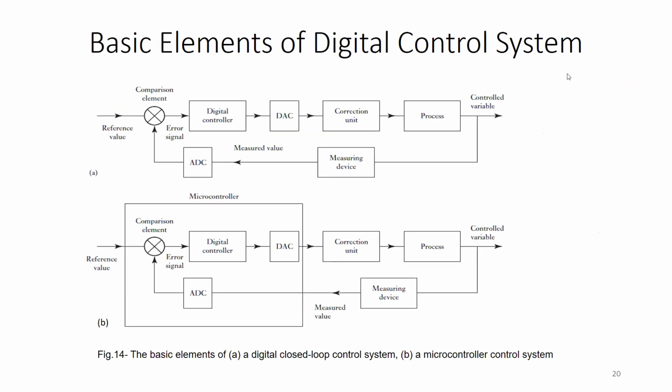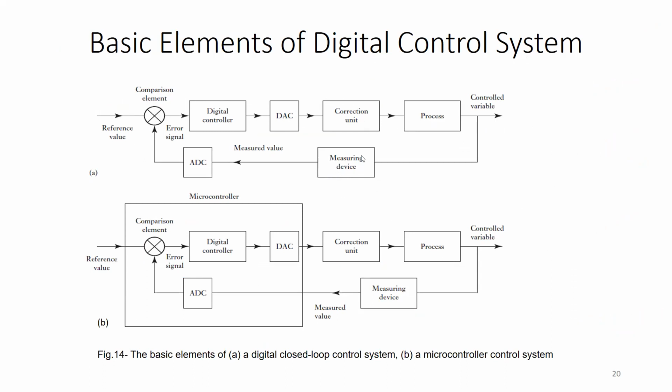So this is again simply showing the basic elements of a digital control system. So what are the basic elements of a digital control system? Here everything else remains the same. Instead of the control unit, if you see this control system, this is a closed loop control system.